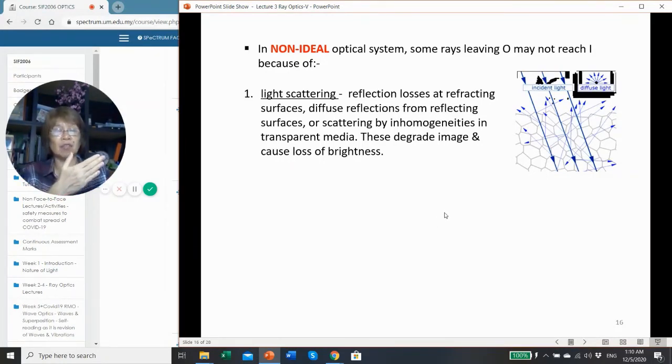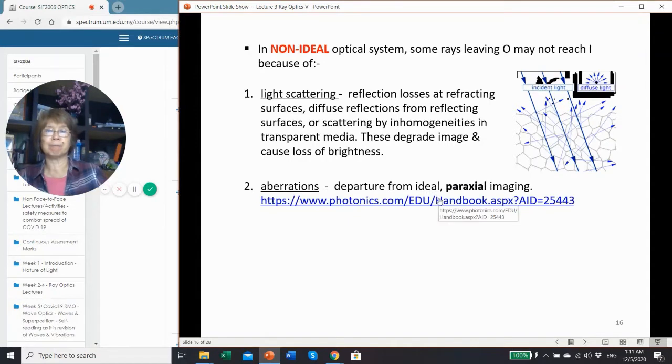Some of the rays are lost due to scattering from refracting surfaces, due to reflecting surfaces, and due to inhomogeneity in the transparent medium. So the image quality is degraded, and there will be a loss of brightness as well.